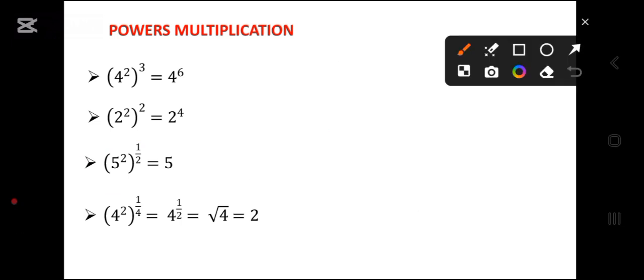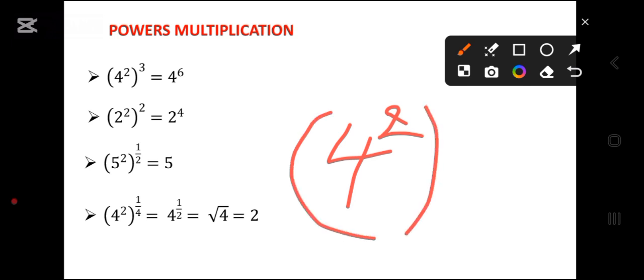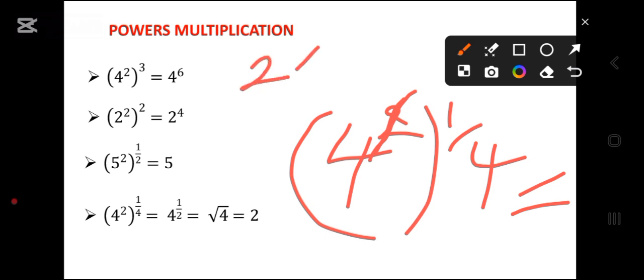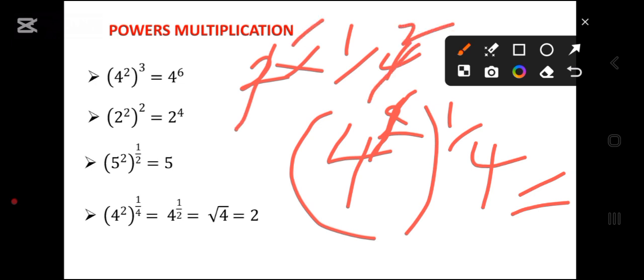Another one, 4 raised to the power 2, which is again raised to 1 over 4. When we multiply the powers, we have 2 times 1 all over 4. 2 into 2 will give you 1. 2 into 4 will give you 2. So what do we have?